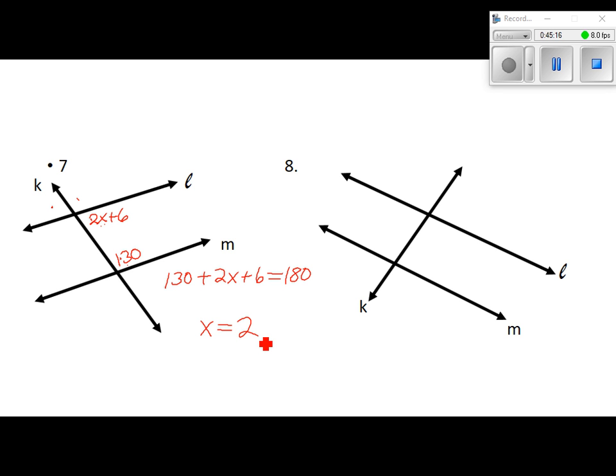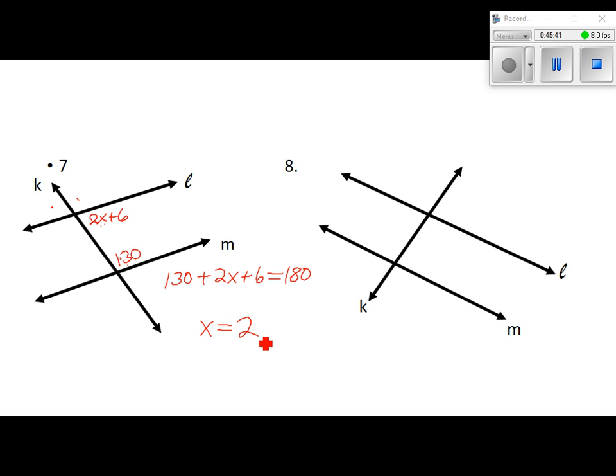Solve for x. What do you need to do first? Where are the terms? 130 and 6, right?